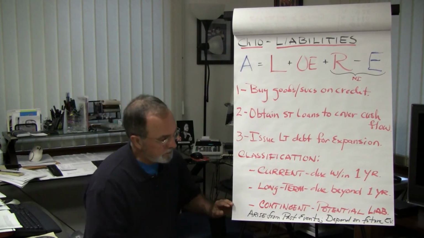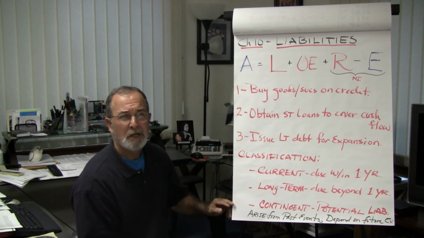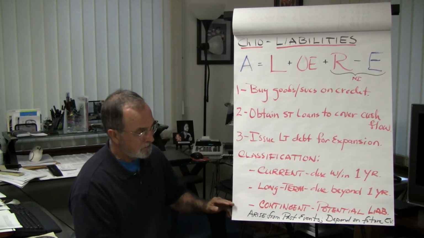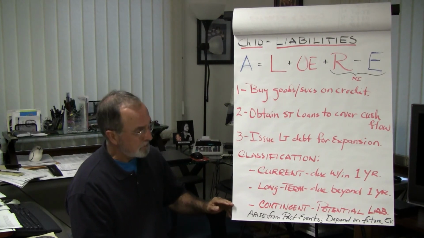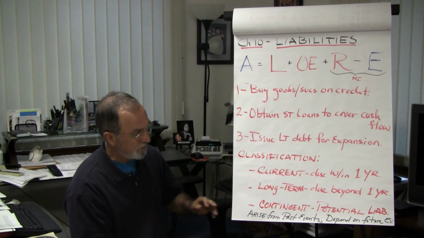And finally, a classification that you see more often on the balance sheets of larger organizations, although this classification of liability can really appear on any organization's balance sheet, and that is a contingent liability or a potential liability.